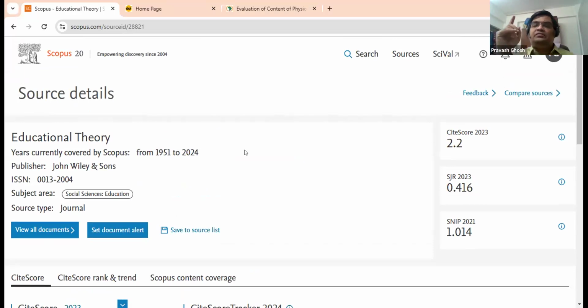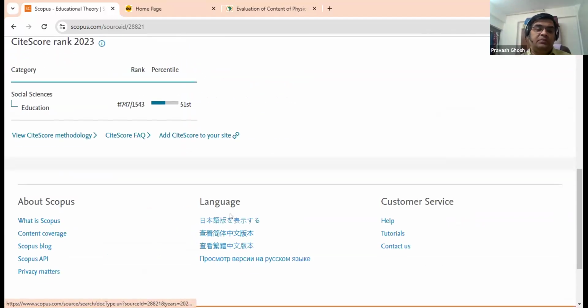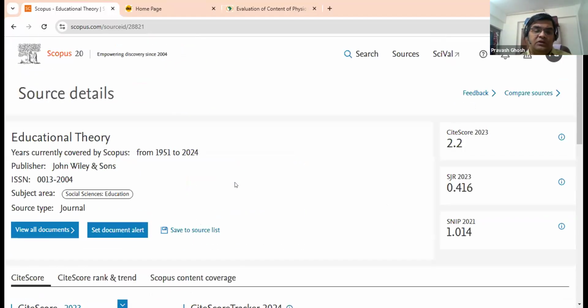This is another factor I forgot: the journal should be present in that domain for a minimum of 10 to 20 years. So this is a very good journal, ma'am. Although the cite score is not too high, please go ahead. I'm not checking Web of Science because I have to check all of these.